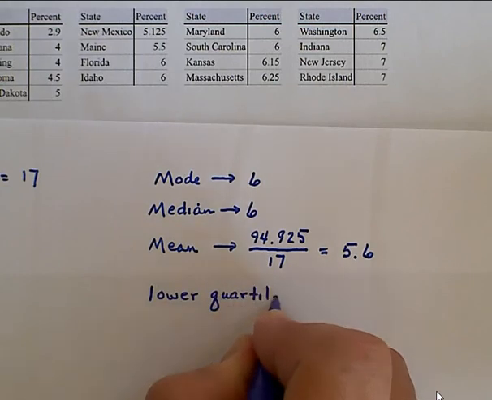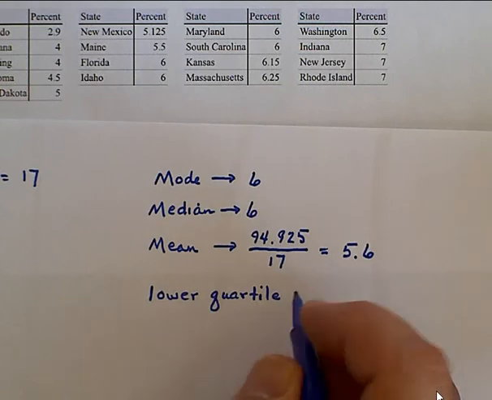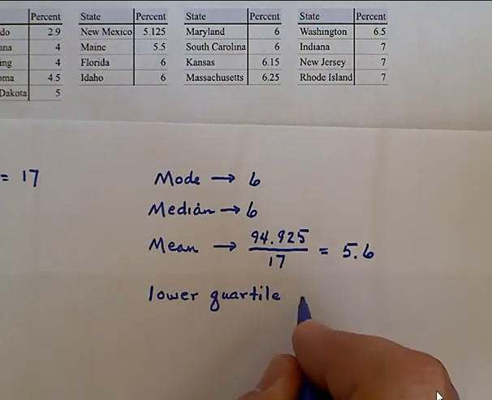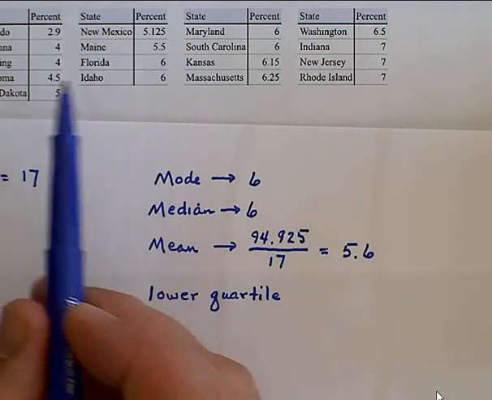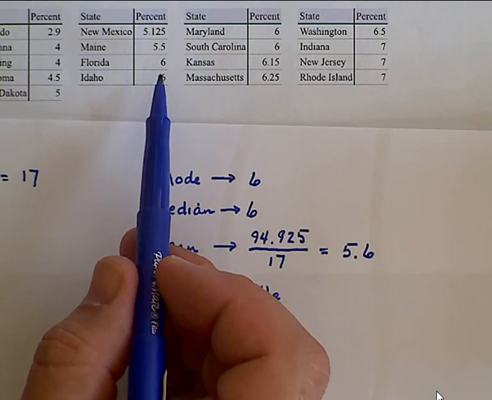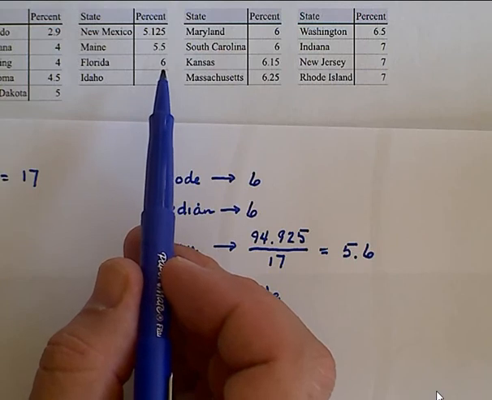Okay. Now, the lower quartile is how you find the median of the bottom half. So the bottom half of numbers here goes from 2.9 to 6.